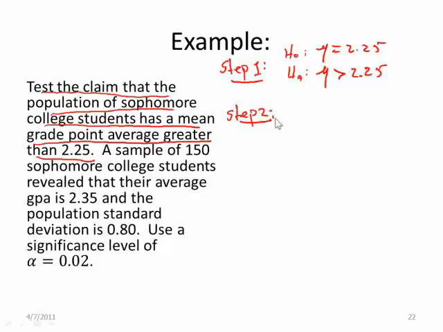So there's step one. Step two is to compute our test statistic. We have a sample of 150, so we know we're going to use a Z or a T. May as well get used to answering these questions now.